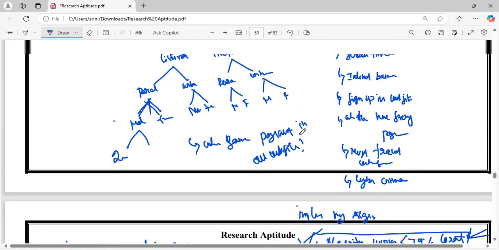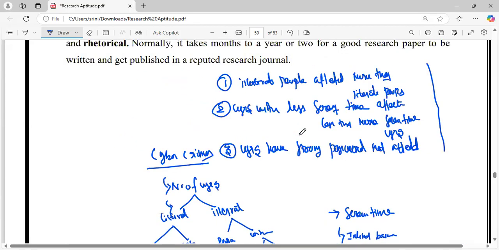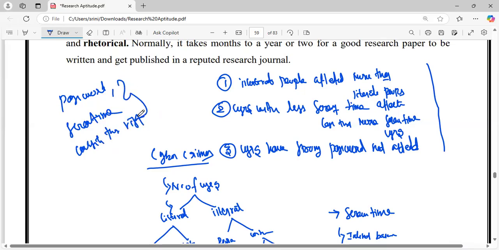Here, my variables would be password, then mostly screen time, illiterate people, and the websites they visit. So based on my variables, I would state a hypothesis.